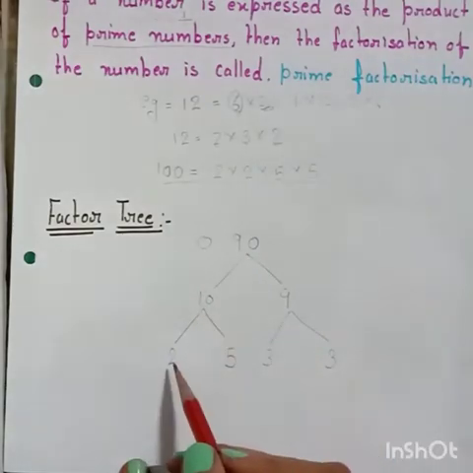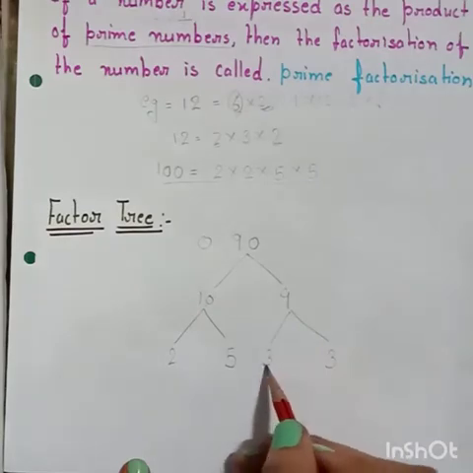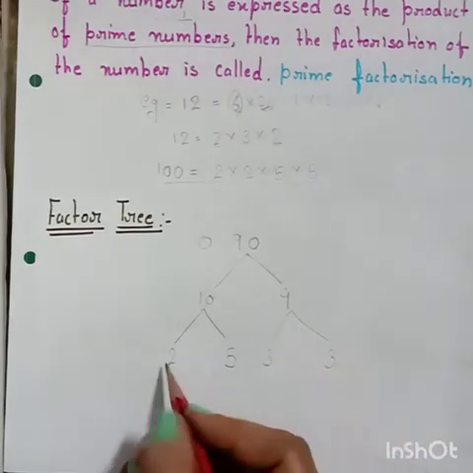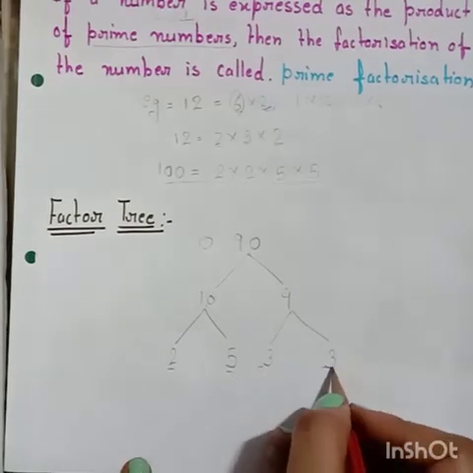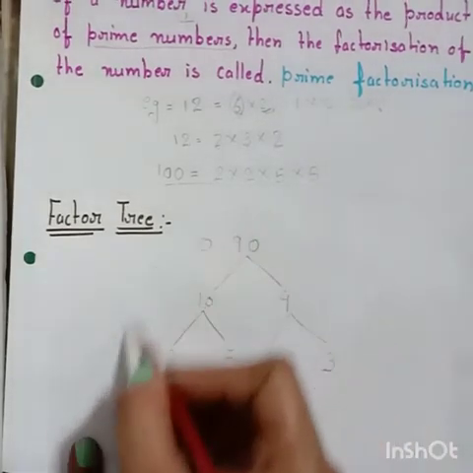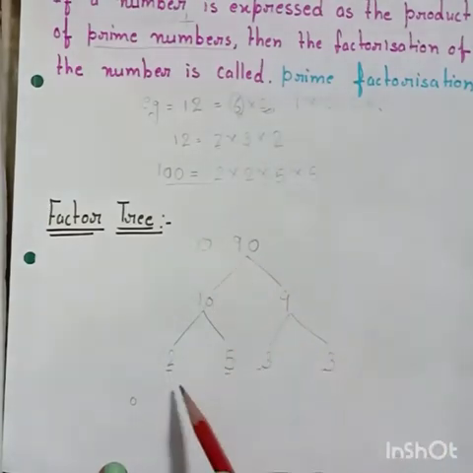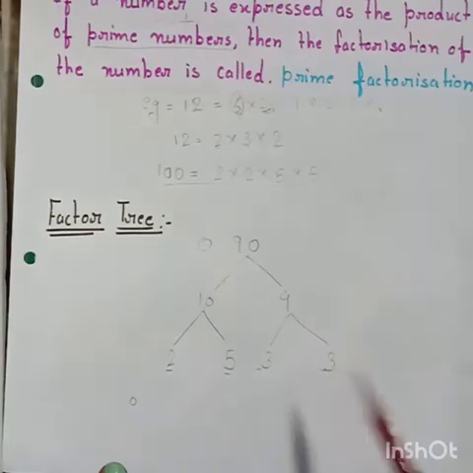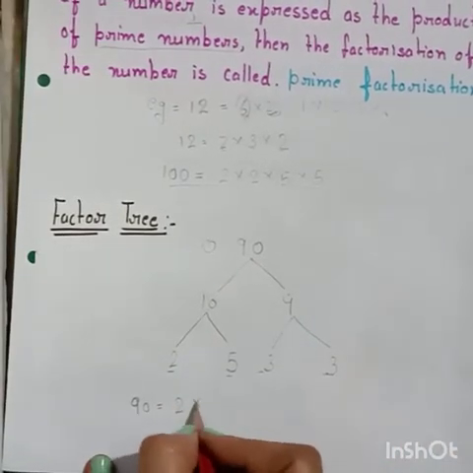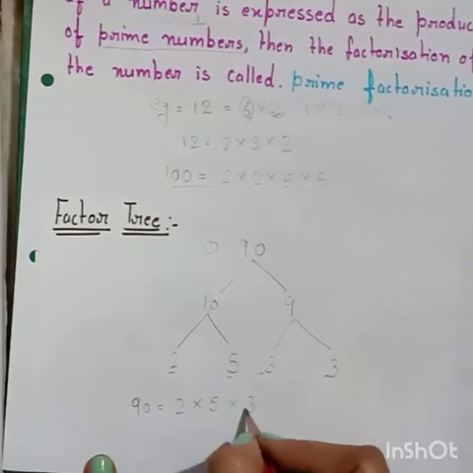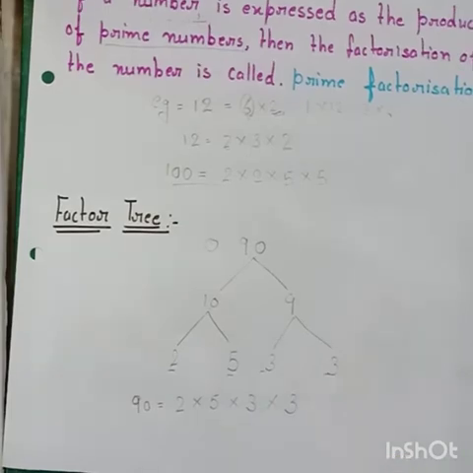Then 10 is broken as 2 and 5, as 2 fives are 10, and 9 as 3 threes are 9. Now you can see these are all prime numbers: 2, 5, 3, 3. So this is called your factor tree. When you do the prime factorization of 90, it becomes 2 into 5 into 3 into 3. This is your factor tree.